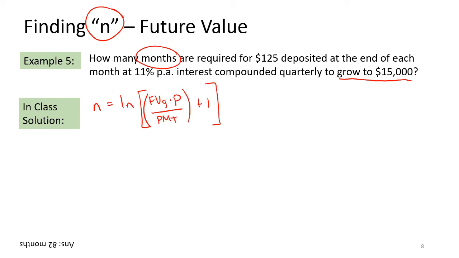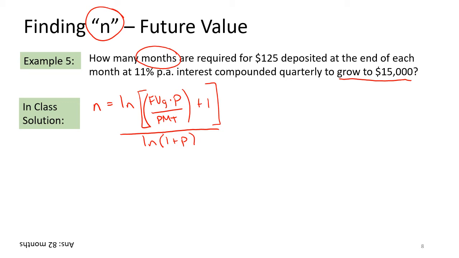Remember, this plus 1 is all in the brackets, and the ln is taken of all of it. The plus 1 is not outside the bracket that includes the ln. We'll see what that means when I go through the full formula. That's divided by the ln of 1 plus that equivalent interest rate.